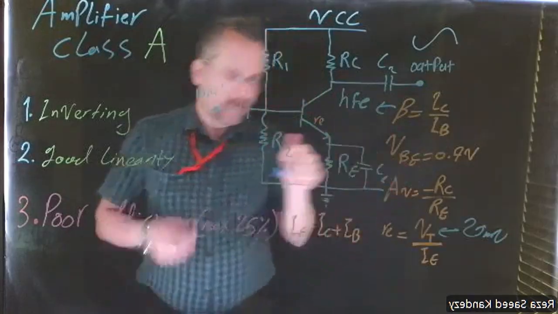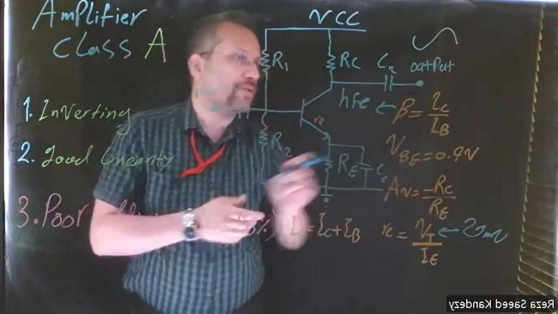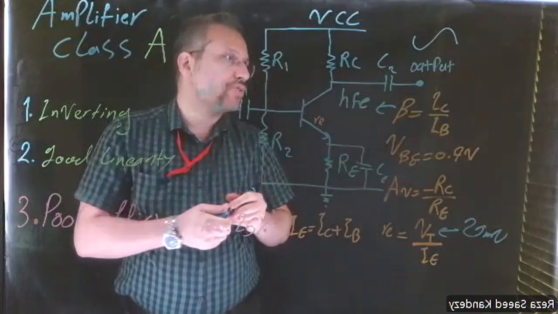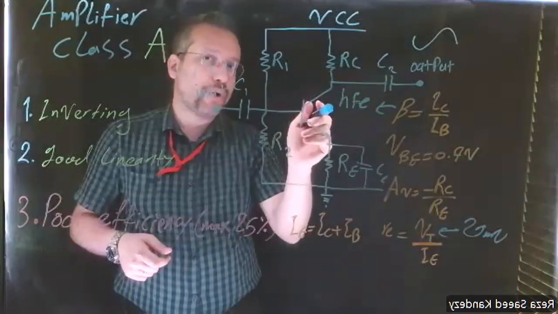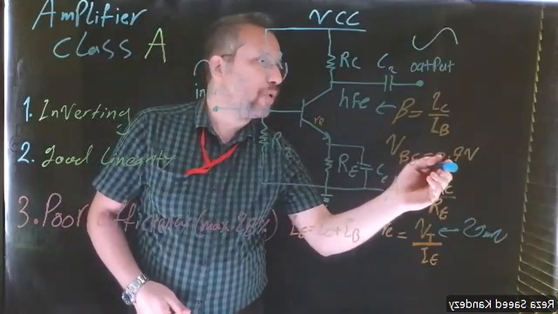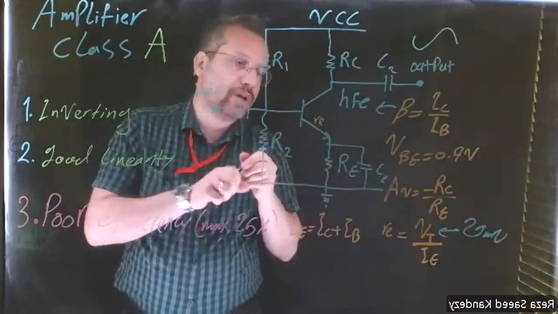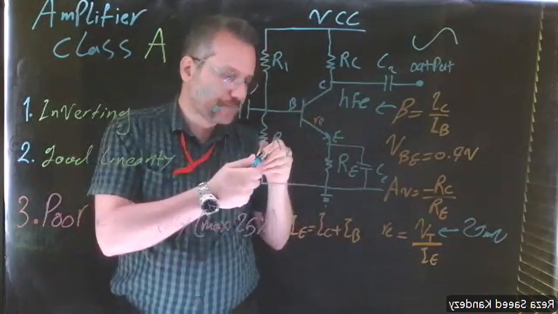Now, we know that the voltage between base and emitter is normally close to 0.7, and if we bias the BJT properly, which is what we want to have, it won't change. So it's 0.7 volt between base and emitter, and this is collector.